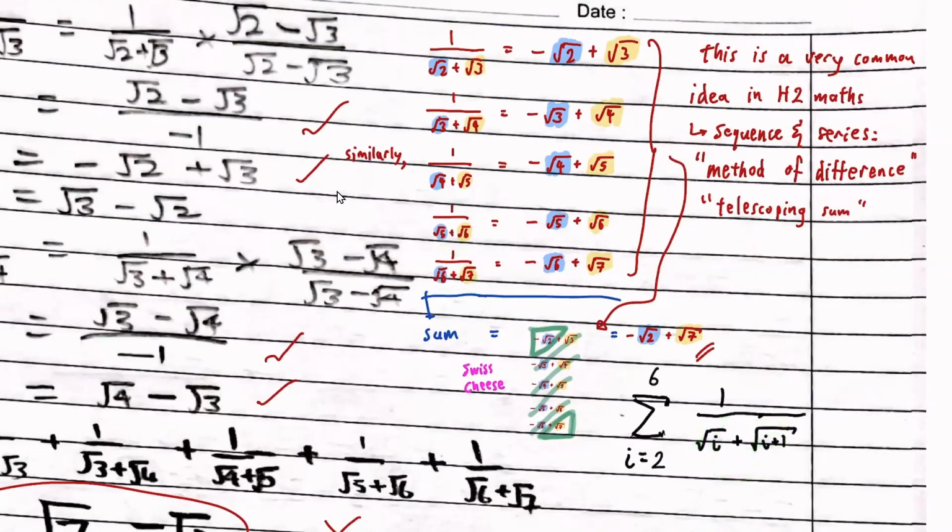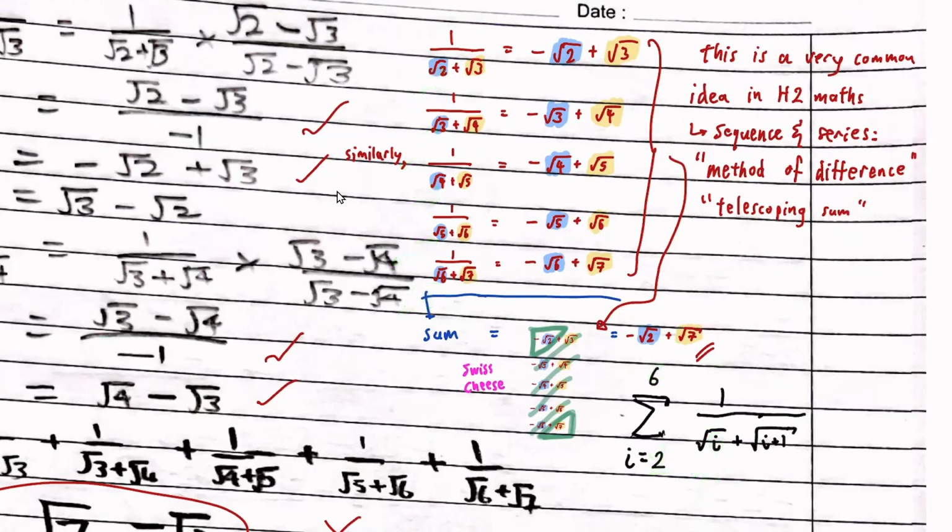Then how do I know i goes from 2 to 6? Because I'm focusing on this guy. Look at the blue color, the value underneath the square root in the blue color terms: square root 2, square root 3, square root 4, square root 5, then square root 6. So it goes from 2 to 6. That's why I write down 2 here, 6 there. So this is sigma notation.